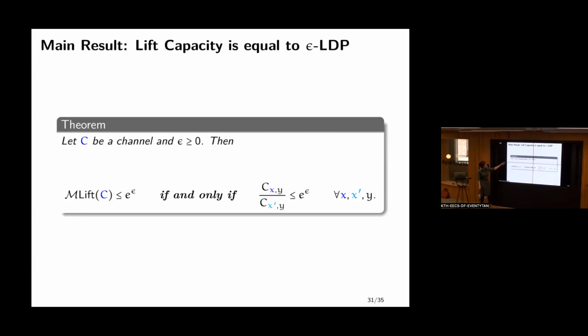Say I give you a channel C with the value of epsilon. There is an equivalence between the upper bound that you can get from local differential privacy and the upper bound that you can get on the value of the lift capacity.